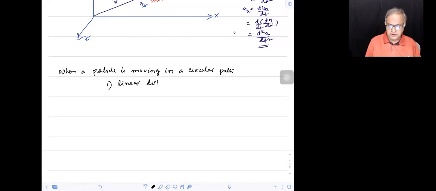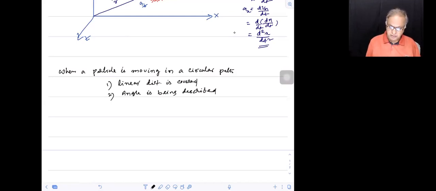I hope you followed the distance. Some linear distance is covered or being covered, doesn't matter. Two, some angle is being described. Hope people follow the meaning of it.